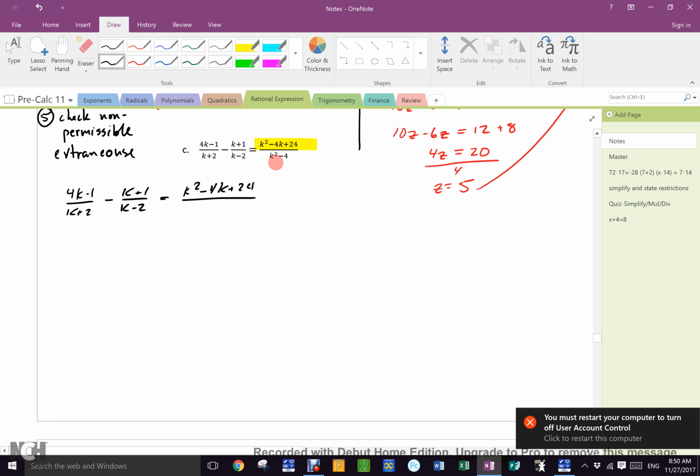Over what? What's going here? K plus 2, k minus 2. Now we can plainly see that we could simplify here now, right? Why did changing that one bit of order, why was that a good decision? Because we notice that right here, what is that? When I compare it to over here, that is the common denominator, isn't it?